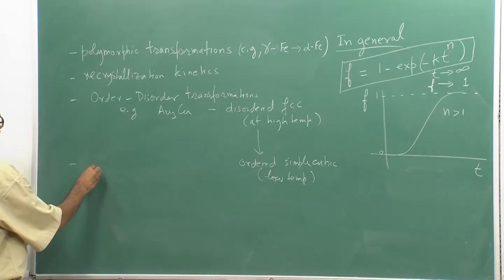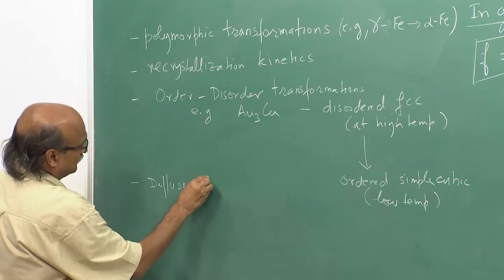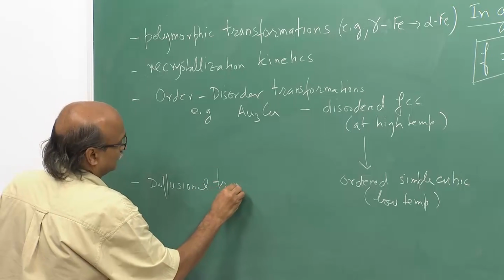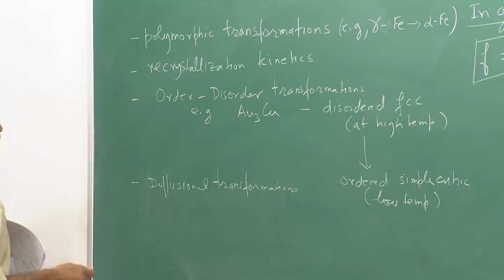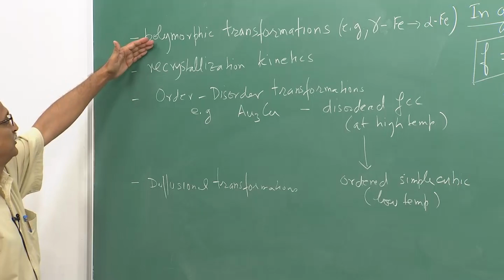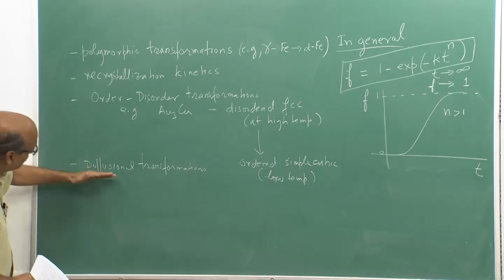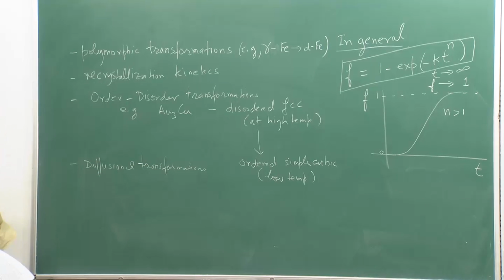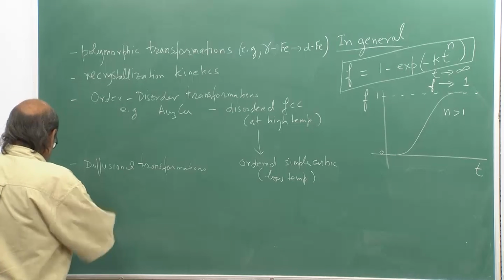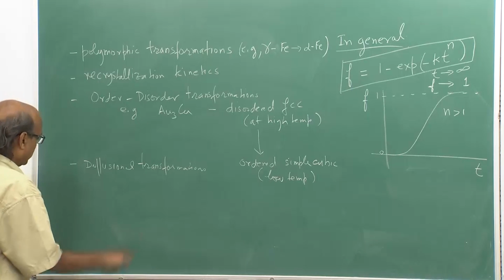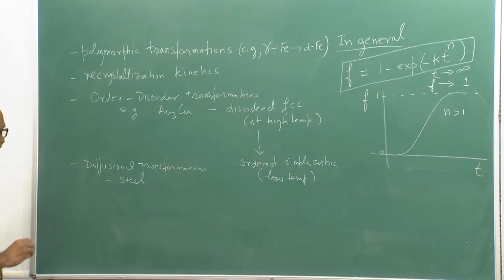Then you can have diffusional transformations. None of these earlier ones actually require long range diffusion. So, when I talk about diffusional transformation, I am implying long range diffusion. In the case of diffusional transformation, we can look at steel or the iron carbon system.